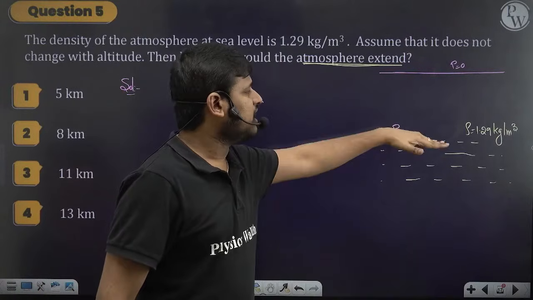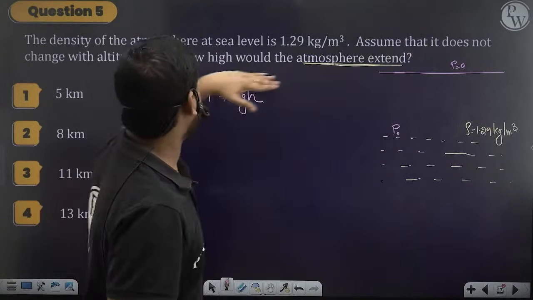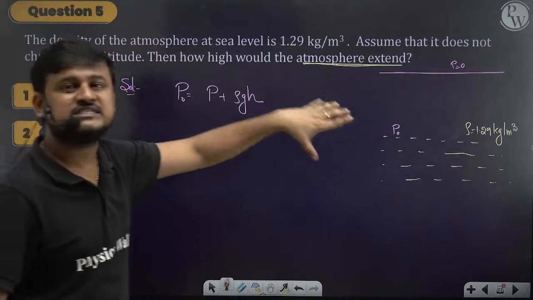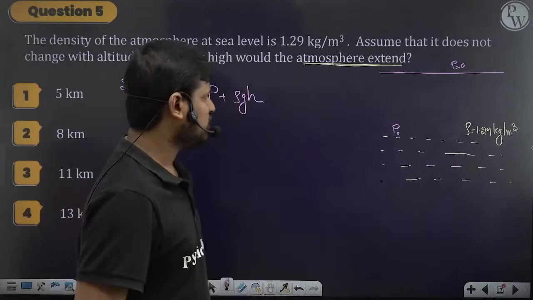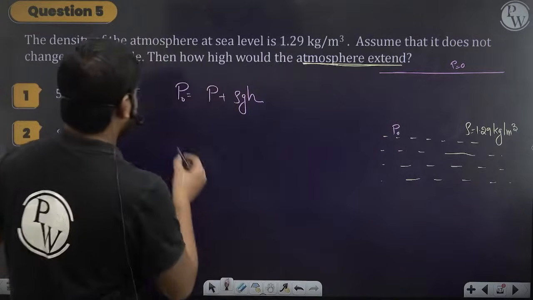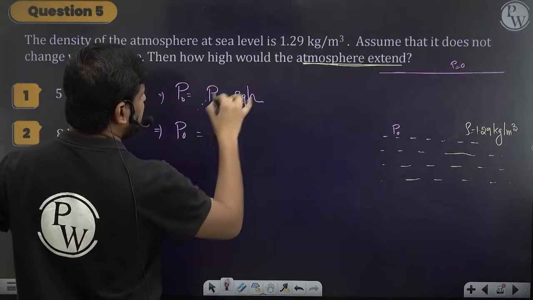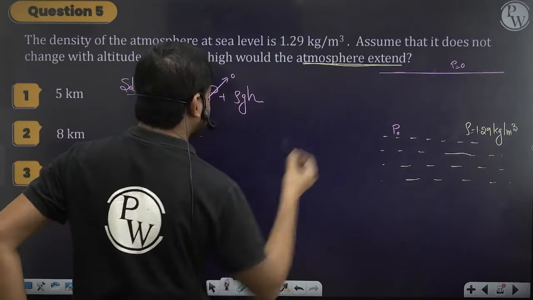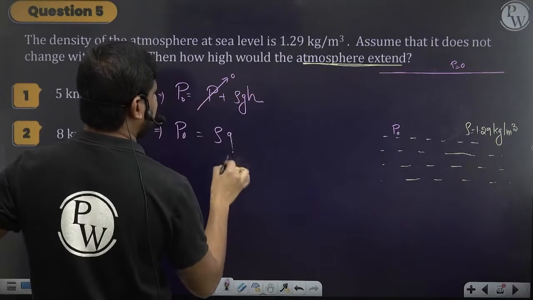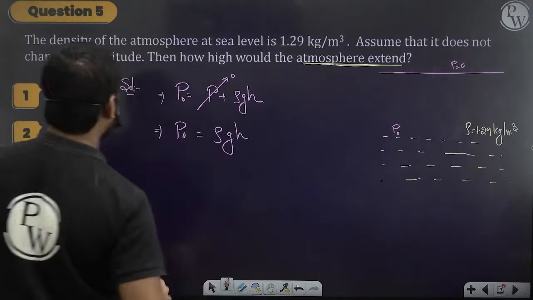It's about till what altitude the atmosphere exists from the sea level. That's what they are asking. So here P naught is equal to rho g h, as the initial pressure is 0. We have to calculate this h value.